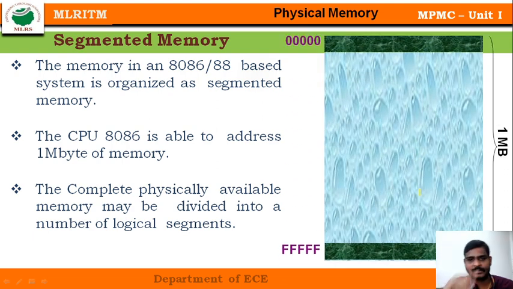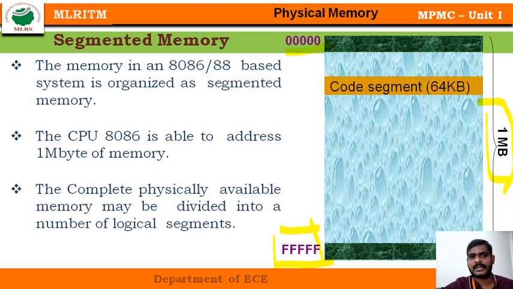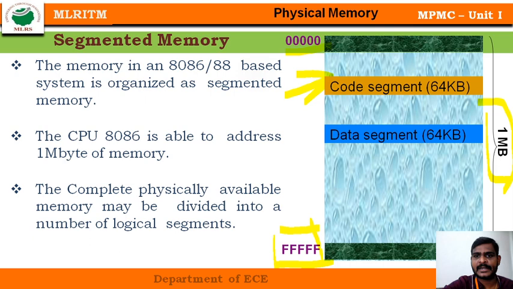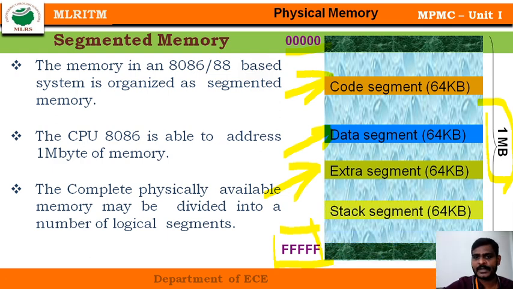Assume that this is your 1 megabyte of locations, with starting address 00000 to ending address FFFFF. Now this 1 megabyte of address space is divided into a code segment of 64 kilobytes, a data segment of 64 kilobytes, a stack segment, and an extra segment of 64 kilobytes each.